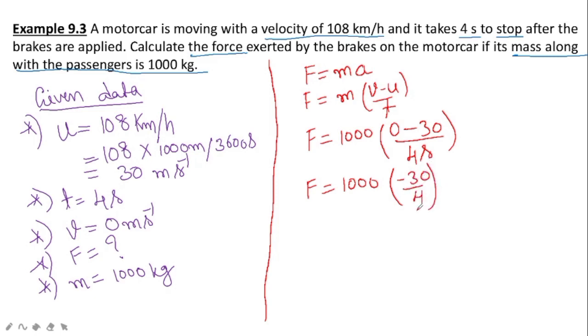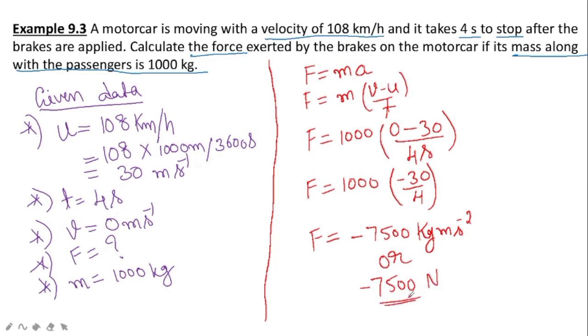So on simplification we will get F equal to minus 7500 kg meter per second square, or so we know that another unit, that is minus 7500 Newton.